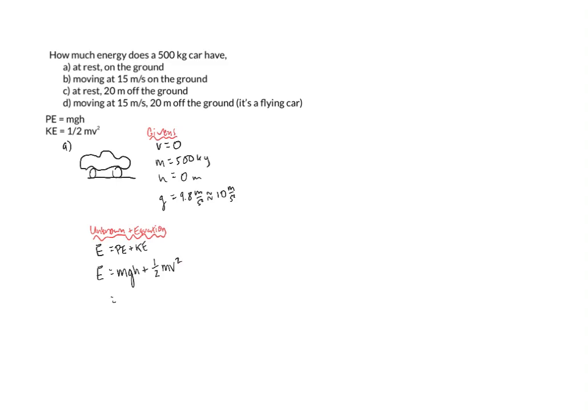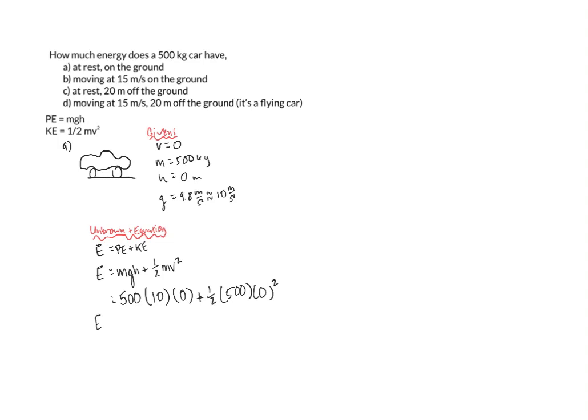So putting in my numbers, I have that my energy is equal to 500 kilograms times 10 meters per second squared times 0 plus 1/2 times 500 times 0 squared.